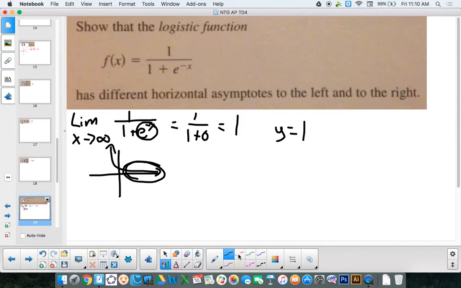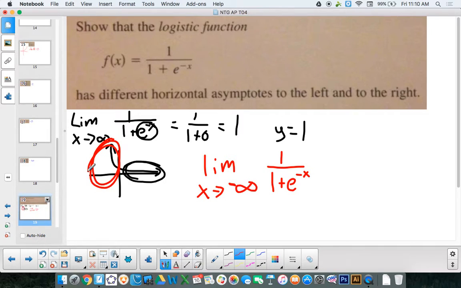If we're going to the left, the limit as x approaches negative infinity of 1 over 1 plus e to the negative x. Going to negative infinity, we get 1 over 1 plus infinity. That's kind of indeterminate, so we'll use that trick where we divide by e to the negative x, top and bottom.